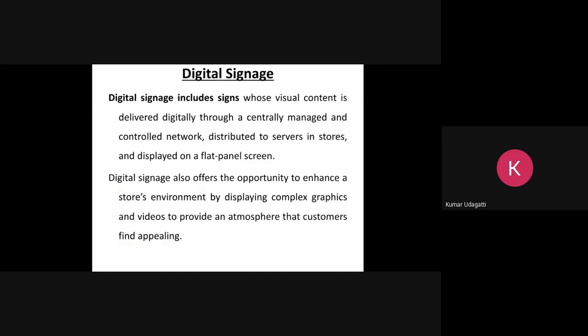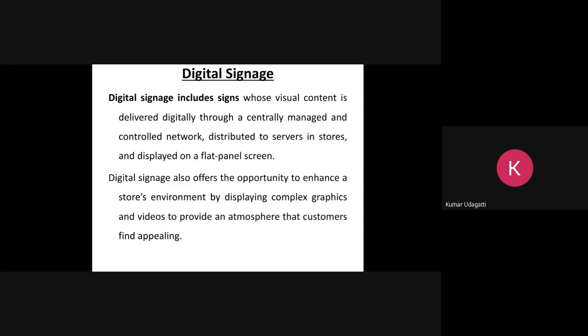This is distributed to the servers in the stores, and the display is usually done on flat panel screens, which are very flat and easily visible to customers. The information can be transferred very clearly, attracting customers towards it.